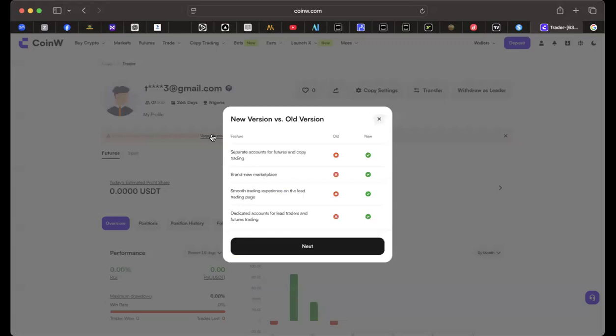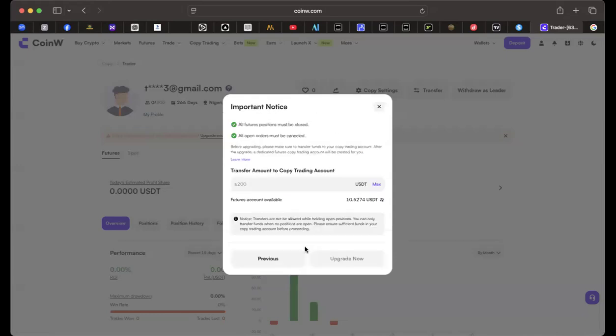Ready to upgrade. What are they saying? All futures positions must be closed. Open orders must be cancelled. Transfer amount to copy trading. I'm not getting this.